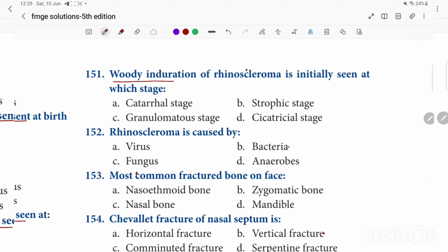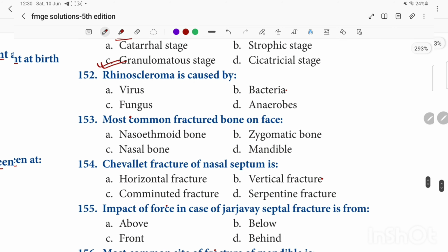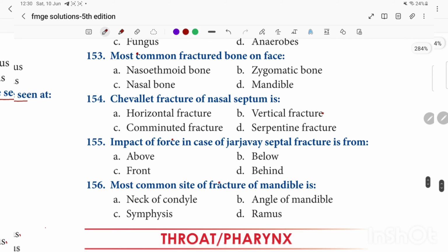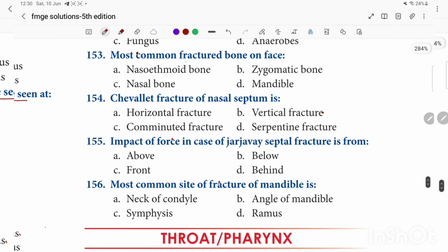Woody induration of rhinoscleroma is initially seen at which stage? Granulomatous stage. Rhinoscleroma is caused by bacteria. Most common fractured bone of the face is the nasal bone.